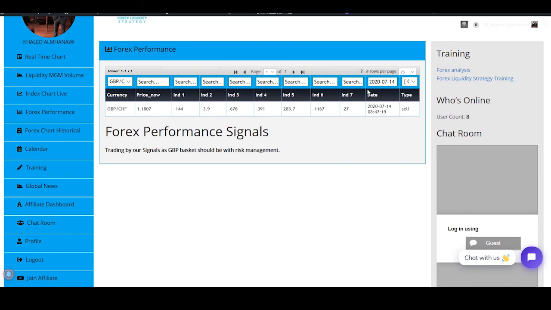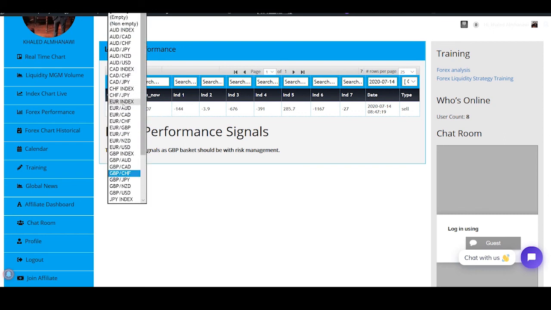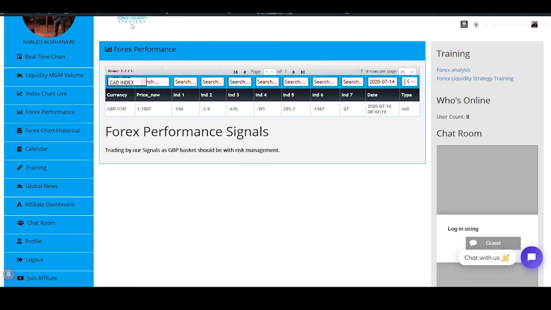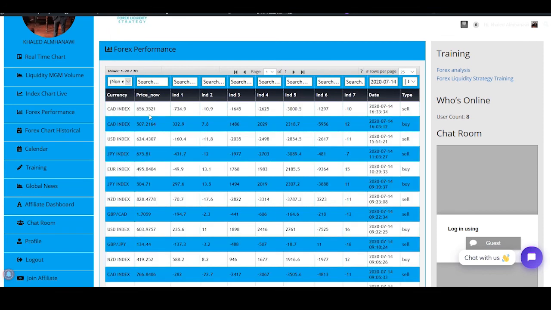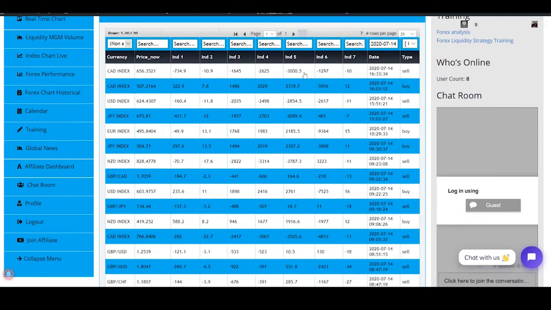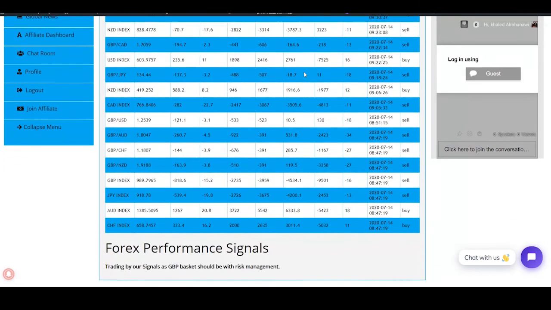This is the 14th. We only had one trade of pound franc. You can choose all the alerts of the past, because everything has been recorded by time, by minute, by second, every single trade. We can go back as far as the year this system was created, 2012, and we keep improving as we go.